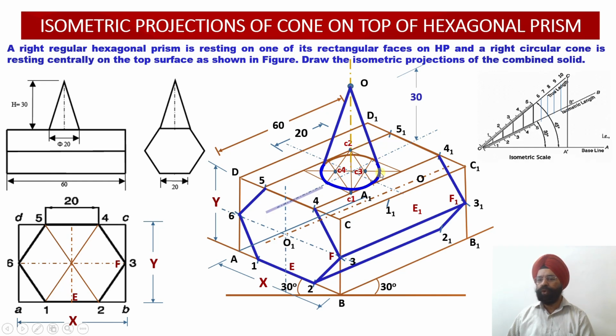We have to darken the remainder portion of the edge 5 and 5-1. Similarly 5-1 and 4-1 will be joined, 4 and 4-1 will be joined, and 5 and 4 will be joined. So this is the complete construction of the cone, which is resting centrally on top of a hexagonal prism, which is resting on one of its rectangular edges onto the base, right?